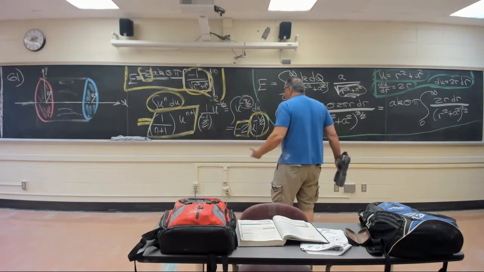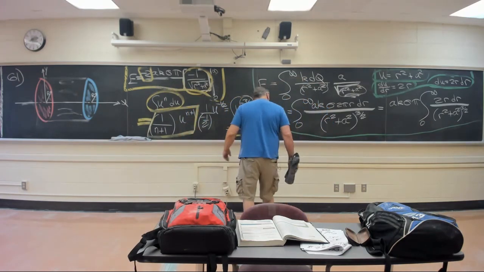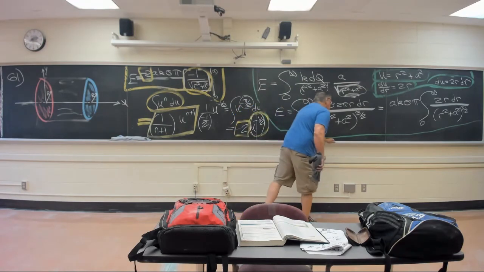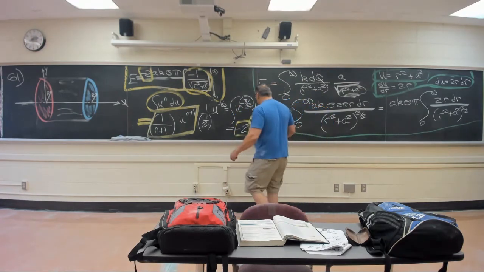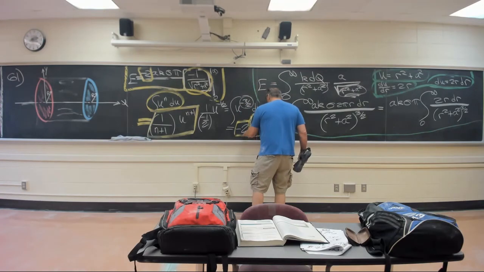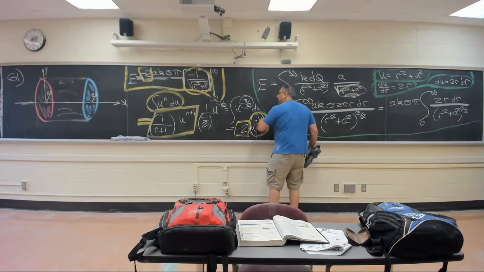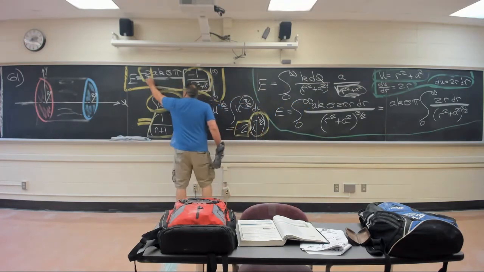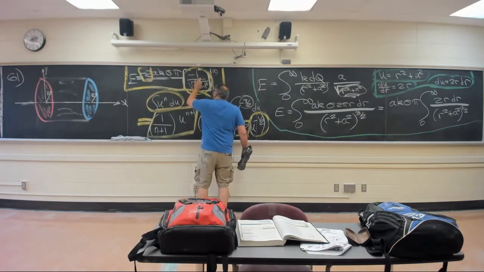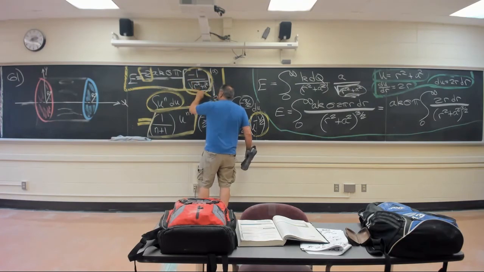Well, yeah, absolutely. That's the way you're going to do it. So if you look at it, negative 2 times u to the negative 1/2.